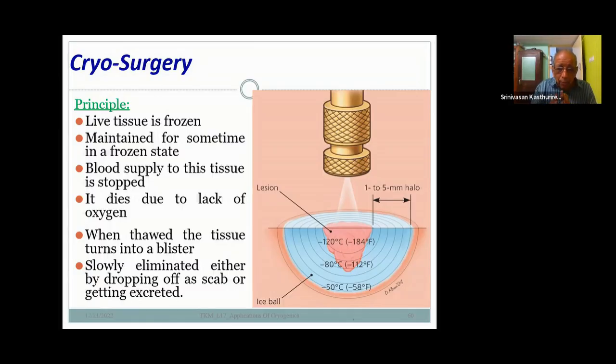So when you thaw it back to normal conditions, what will happen? The tissue will change its condition. It will turn into a blister, and then slowly you have to eliminate the blister, either by using a scab, or sometimes you have to get it released or removed.